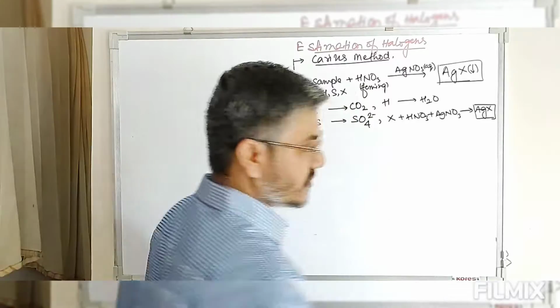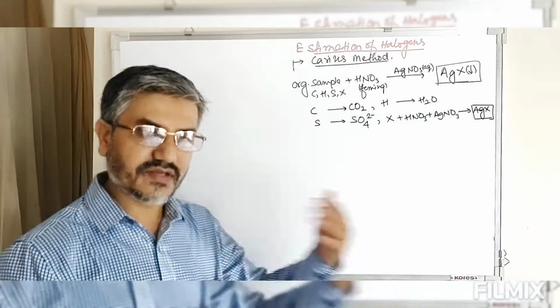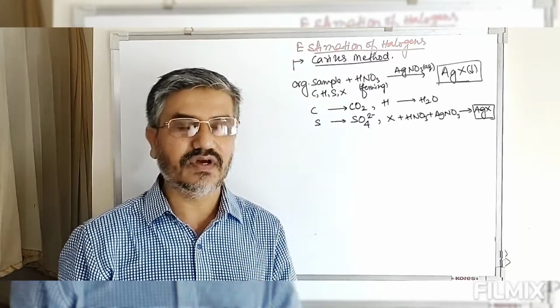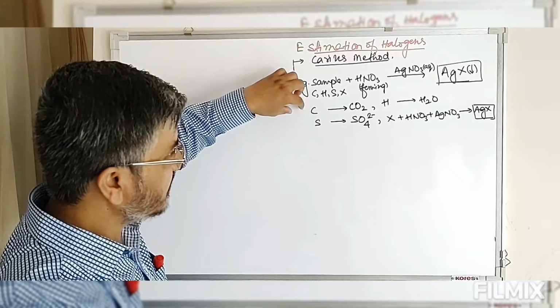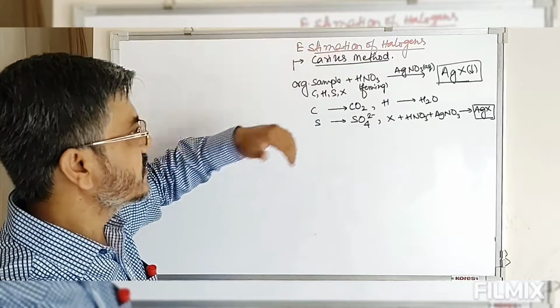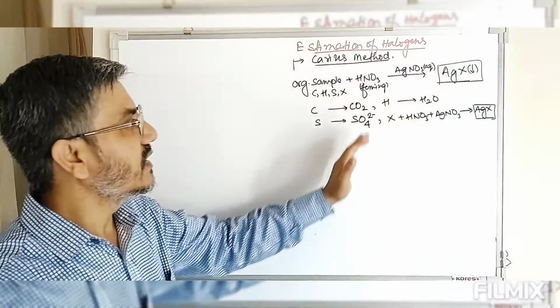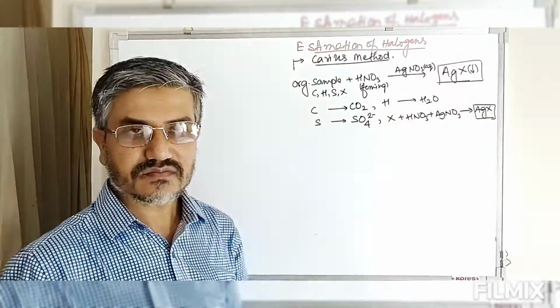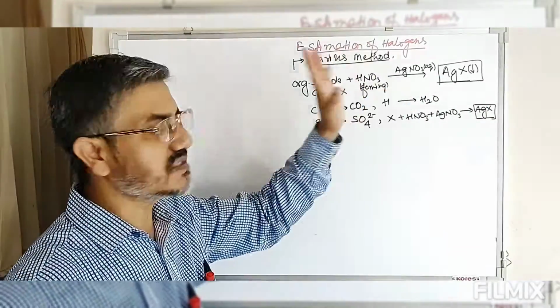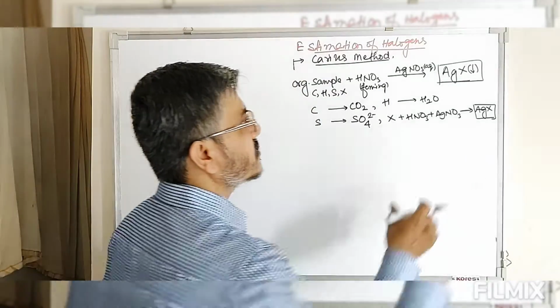From the mass of insoluble silver halide we define the percentage of halogen. So carbon is oxidized to carbon dioxide, sulfur to sulfate ion, hydrogen into water, and halogen is converted into silver halide by use of silver nitrate. Now we take the mass of this silver halide.